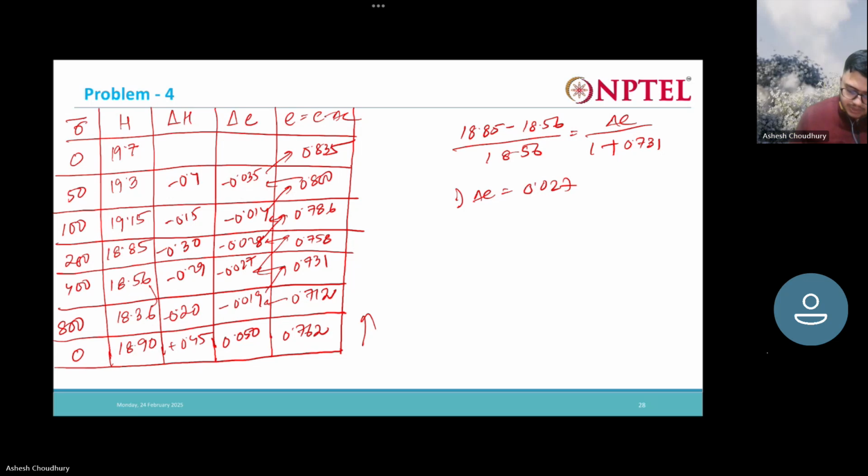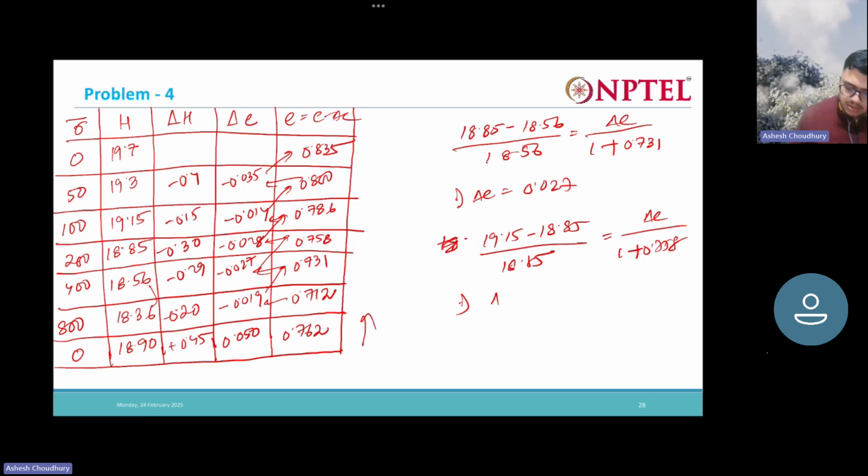Similarly, next: 19.15 minus 18.85 divided by 18.85 equals delta e by 1 plus 0.758, so delta e is 0.028. Like this we have to do. Like this you have to do for other examples. I hope it is clear to you. It's very easy; you just have to back calculate.